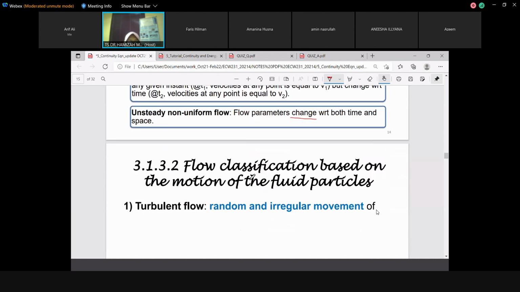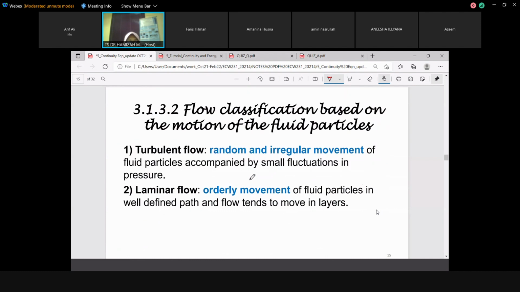Okay, this is part that you need to calculate where we need to differentiate between turbulent and also laminar flow. So dia punya characteristics, you can make your own sentence lah. So the keywords for turbulence is random and also irregular. Okay, irregular ni dia punya space of the flow, arah, it also can be irregular. Okay, laminar is orderly movement.